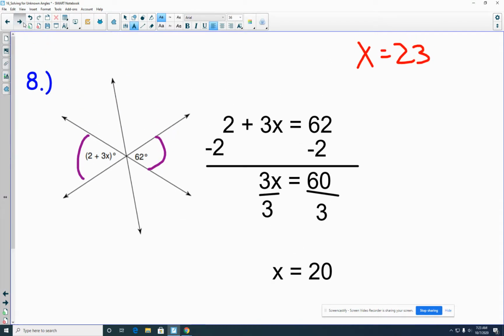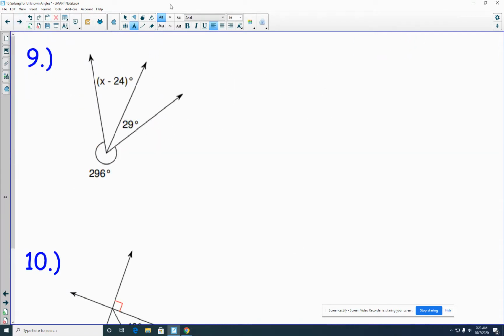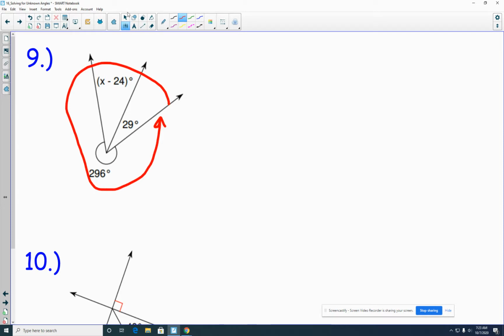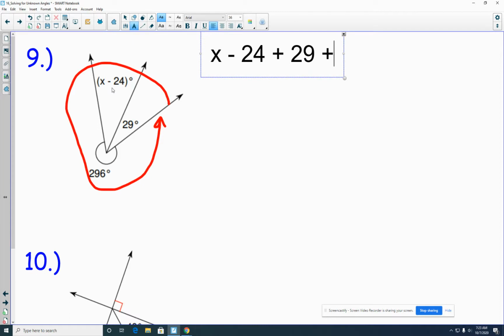All right, moving on to number 9. Here we have a prime example of angles that meet at a point. So if I go from 1 all the way around, these should add up to 360. So the equation I'm going to start with is x minus 24, this angle up here, plus 29 plus 296 equals 360. Everything underneath this circle must sum to 360.